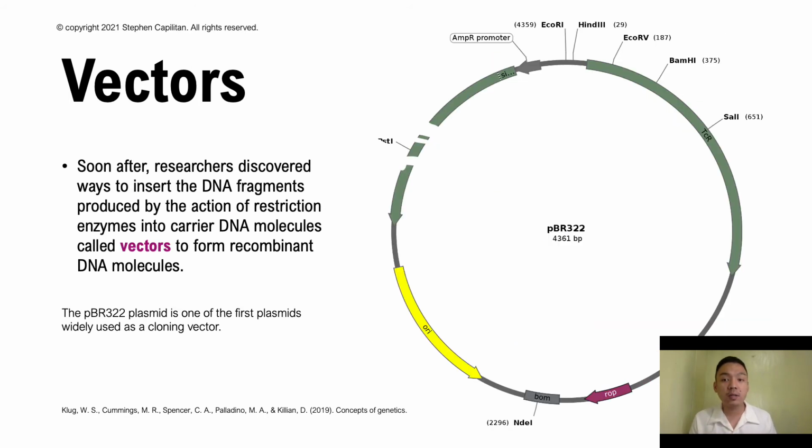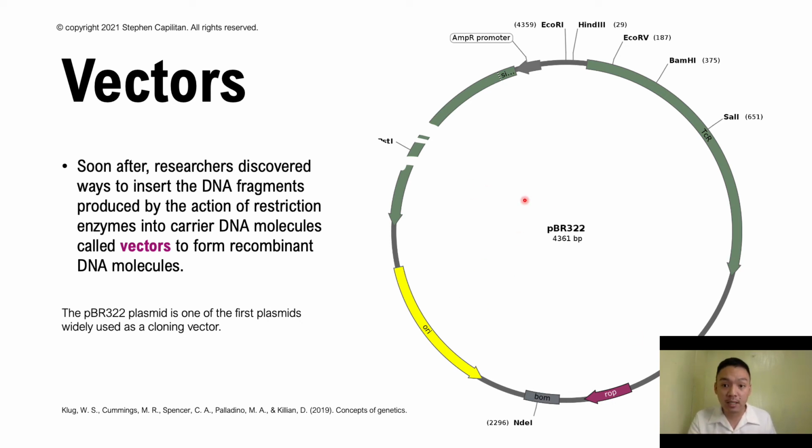We also have what we call vectors. Researchers discovered ways to insert the DNA fragments produced by the action of restriction enzymes into DNA molecules, which we call vectors, forming recombinant DNA molecules. This strand here is your pBR322 plasmid, one of the first plasmids widely used as a cloning vector.